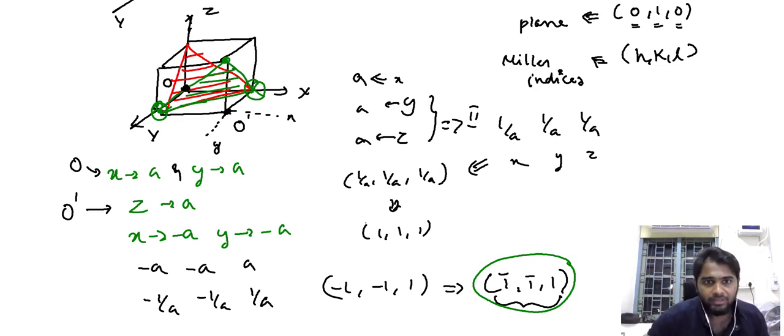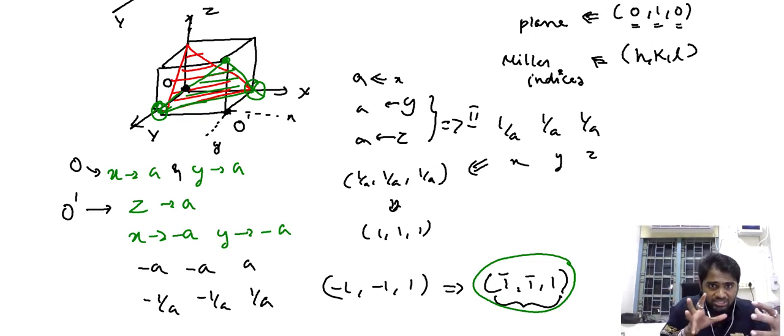On top of it, when you consider the nature of the red and the green plane, what essentially is the characteristic feature of both these planes is that they are connecting three opposite corners of the unit cell. Both these planes, the red plane and the green plane, are connecting the opposite corners of the unit cell.